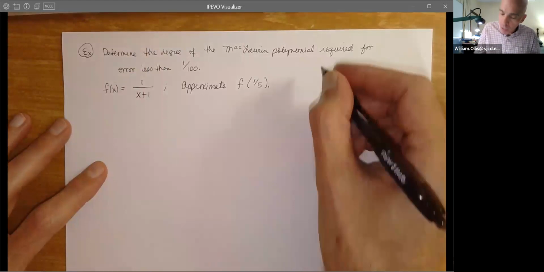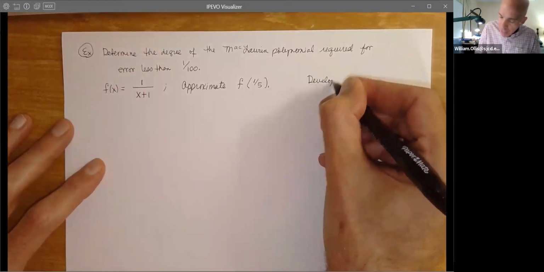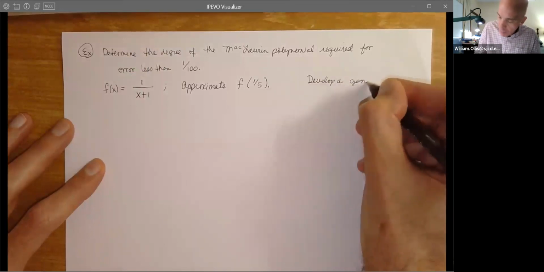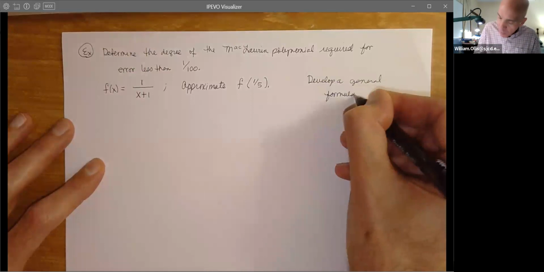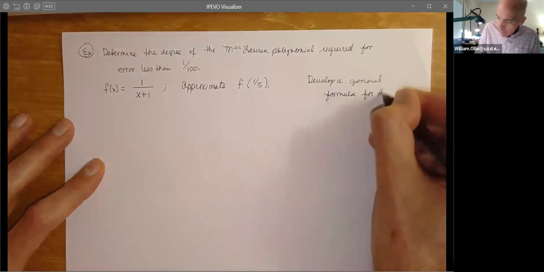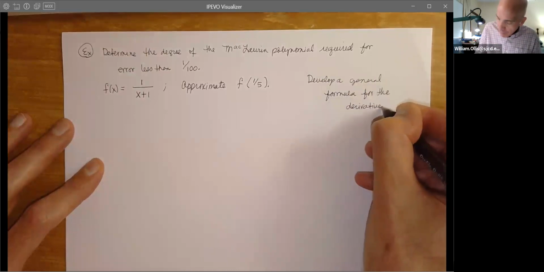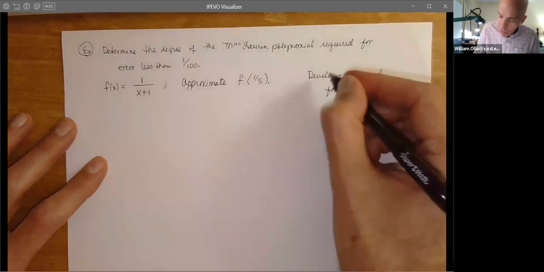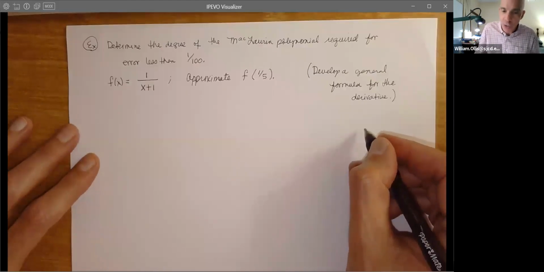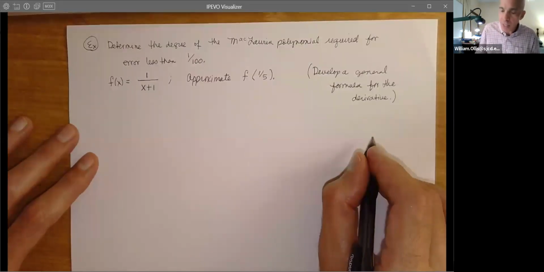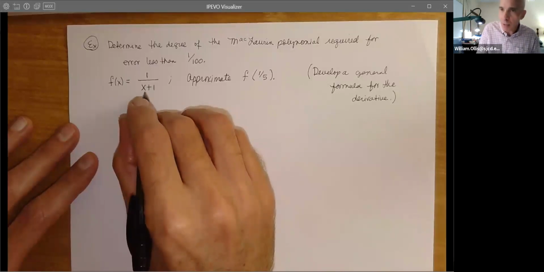So basically what we want to do is develop a general formula for the derivative. I wanted to mention the fact that you can do this directly and get the exact answer, but I want you to get some practice with this because there may be cases where you need to replace this with a polynomial.